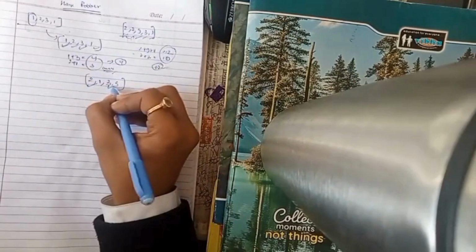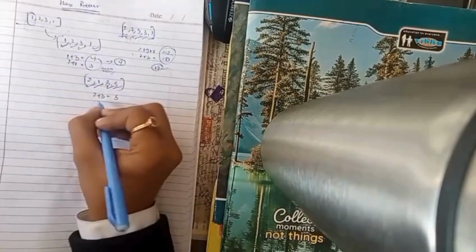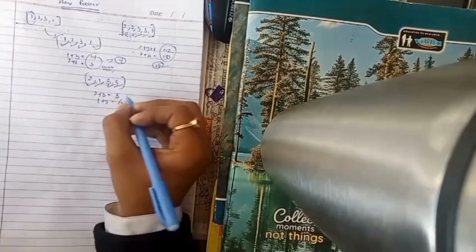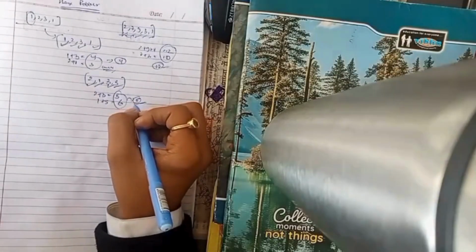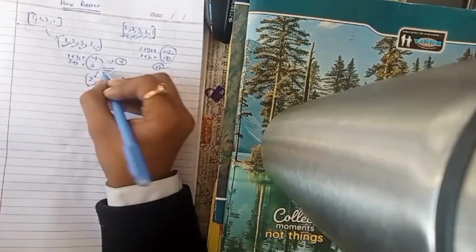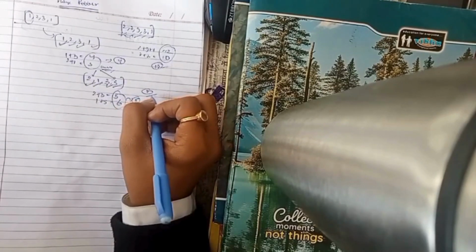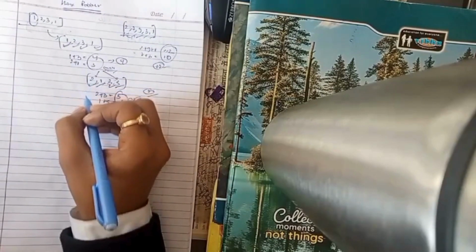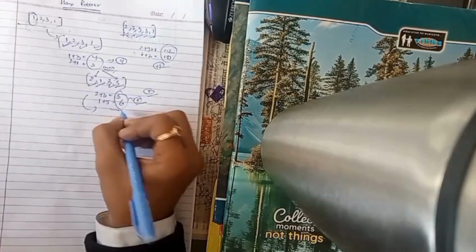So 2 and 3, 2 plus 3 is 5, and 1 and 5, 1 plus 5 equals 6. So the maximum from it is 6. But if we take 2 and just 5, it is 7. So here we can see that the approach of taking odd-even indexes is failing.